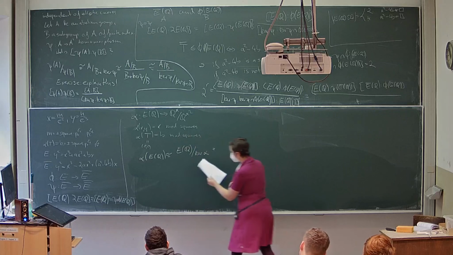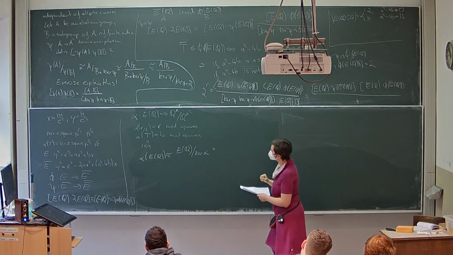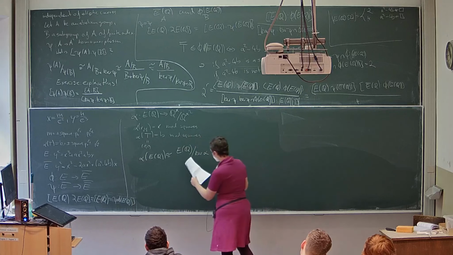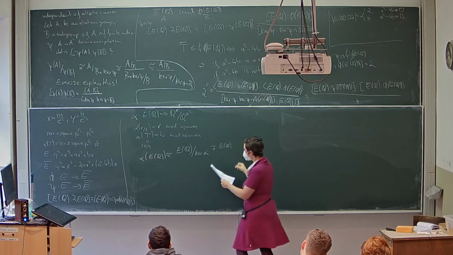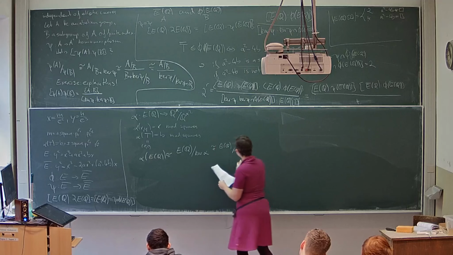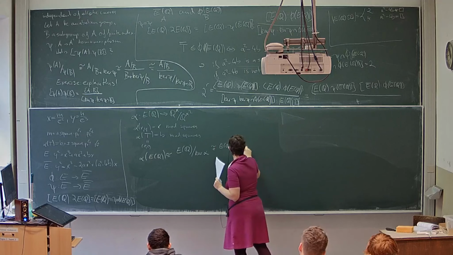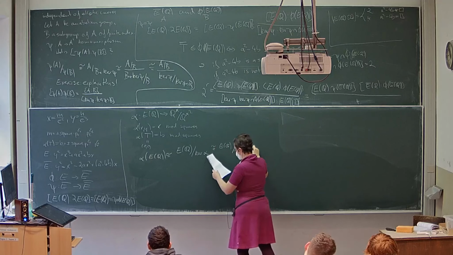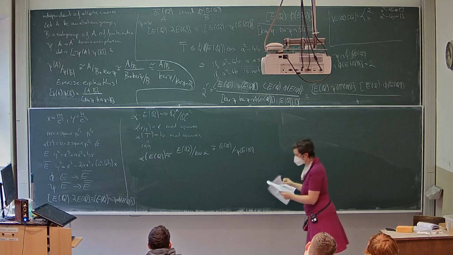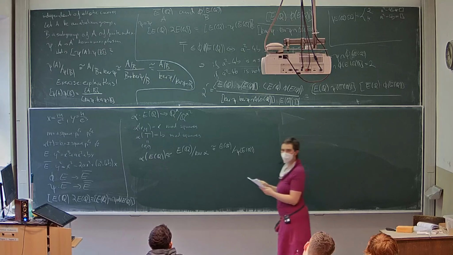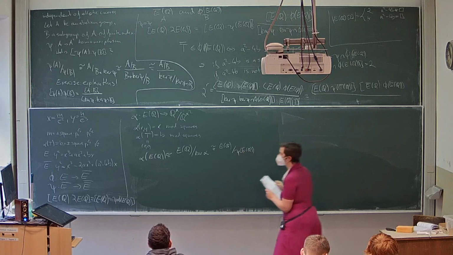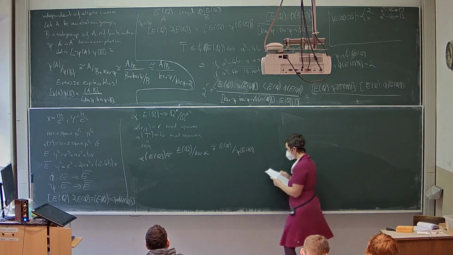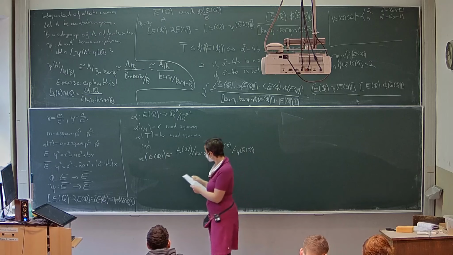And what we didn't prove but assumed as a black box was that the kernel of alpha is the image of psi. Good.